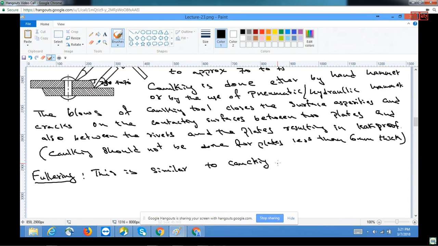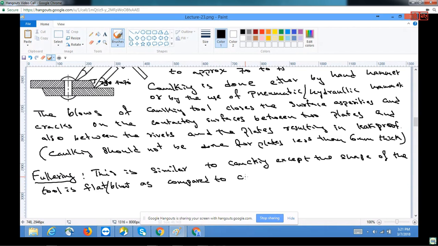except the shape of the tool is flat or blunt as compared to the caulking tool. So let us show that picture.